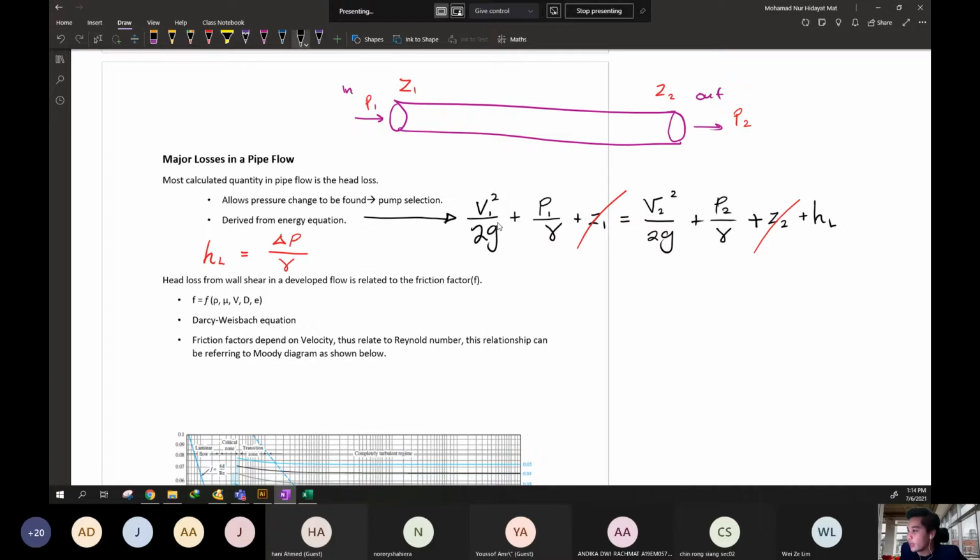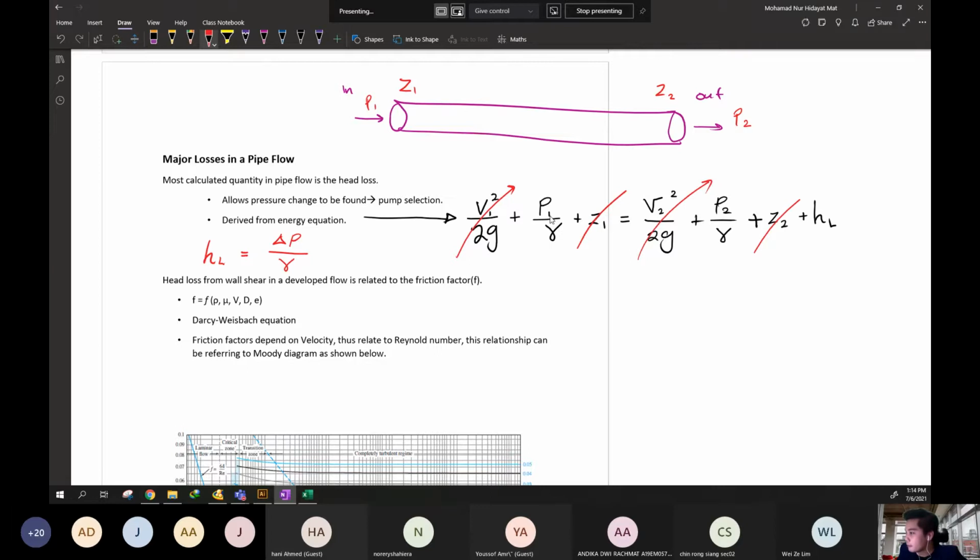Then we can look at the velocity. Assume this is constant velocity, the velocity is the same, so we can cancel velocity out. So what do we have now?